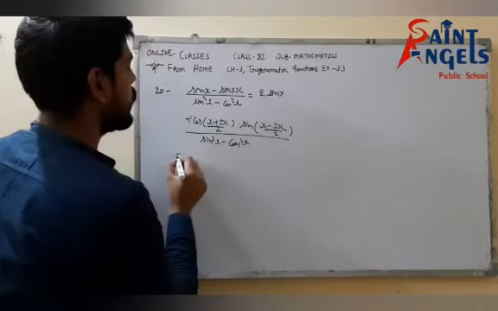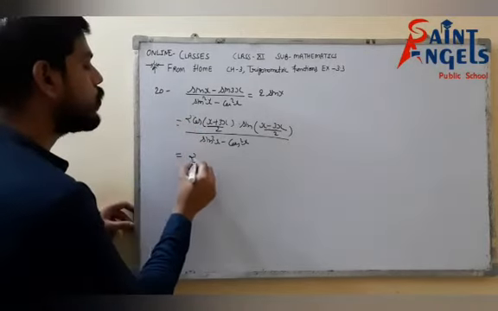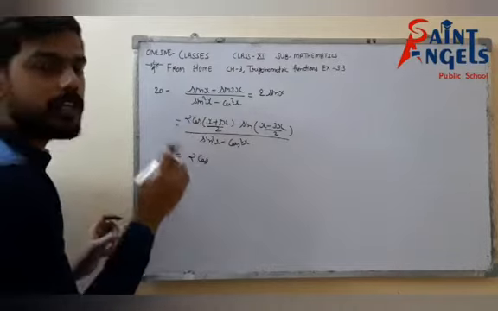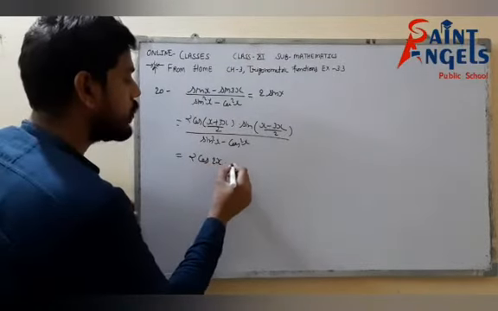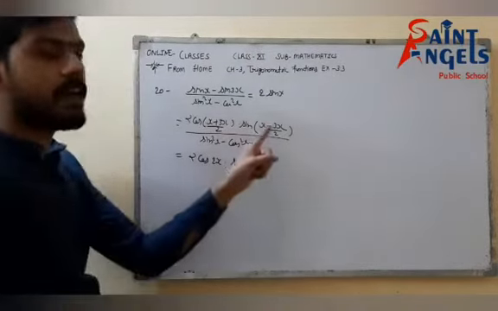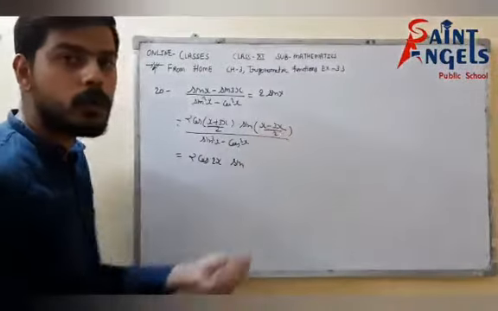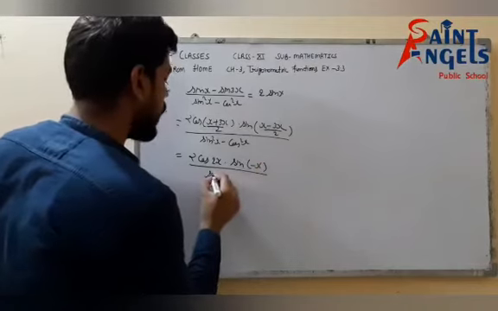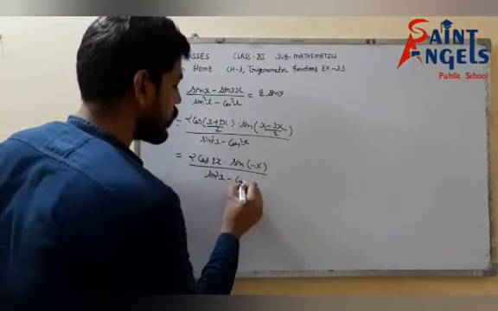That would be 2 cos (x plus 3x) upon 2, which is 4x upon 2. It means 2 cos 2x into sin (x minus 3x) upon 2, which is minus 2x upon 2. The 2 will be cancelled out, so that would be minus x, upon sin square x minus cos square x.